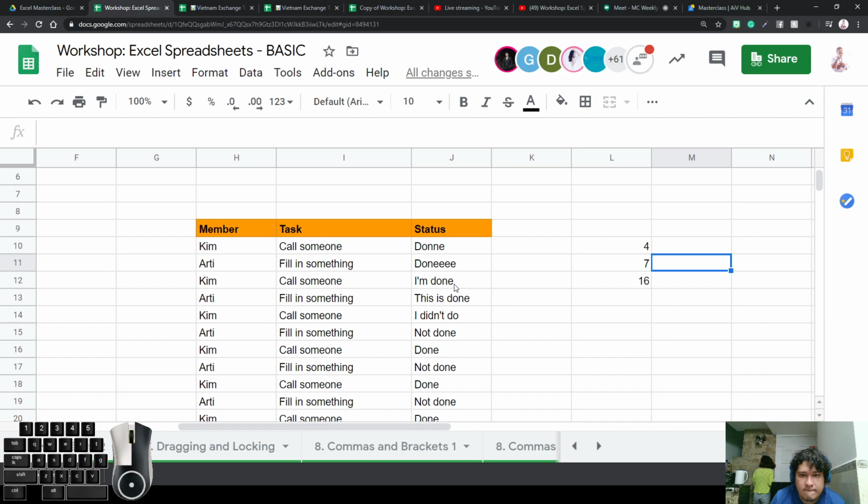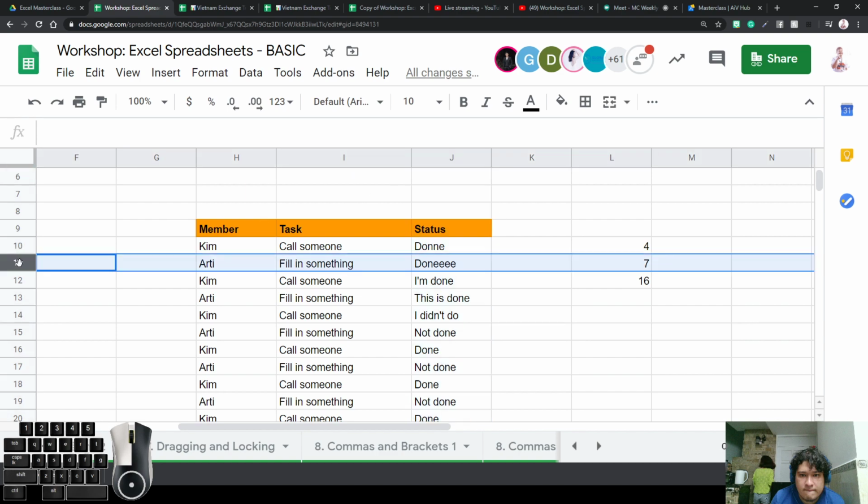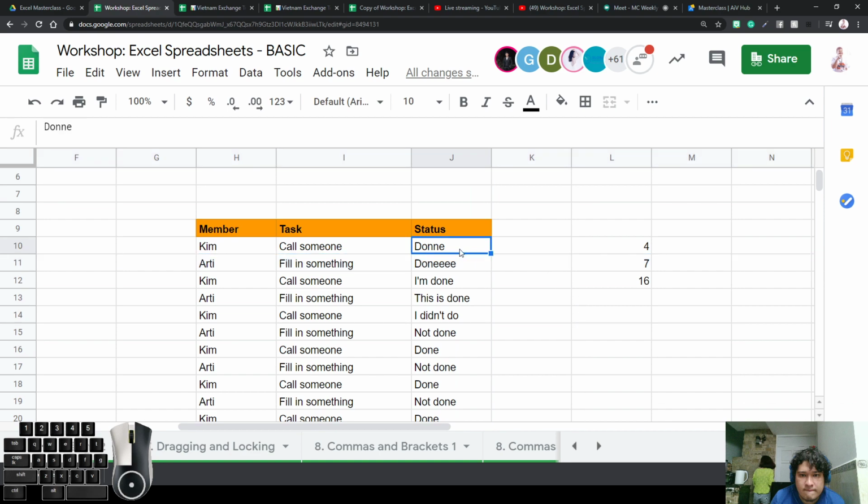So again, we come back to the strengths of the spreadsheet: columns and lines, and the column and line creates a cell, and the cell you can fill in with data. When we're talking about numbers, it's easy because we're just gonna add numbers, and I don't think somebody types numbers like this.